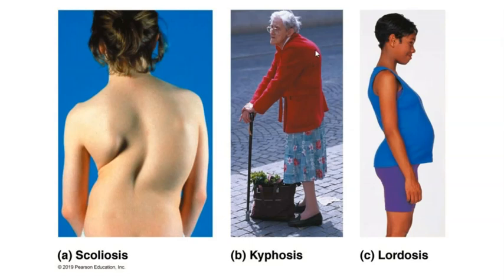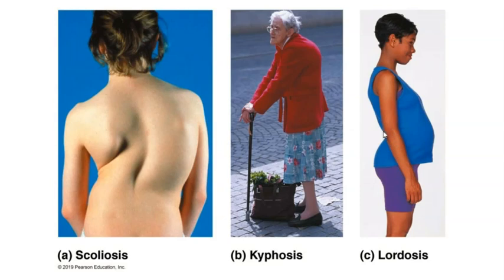This is why you typically see kyphosis in older individuals, because osteoporosis is a factor in this abnormal curvature.